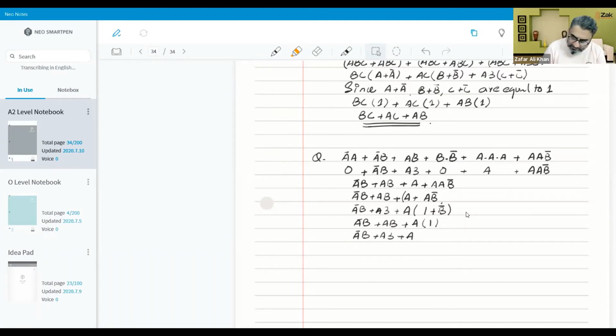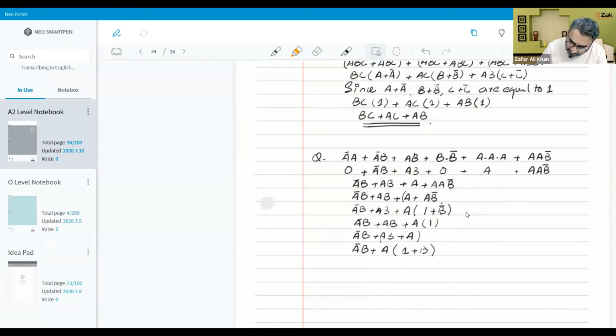All right, now let's find this A as common thing. So this would become A not B plus A, again 1 plus B. So this 1 plus B becomes 1 again.